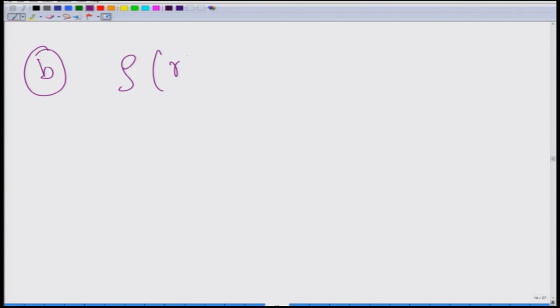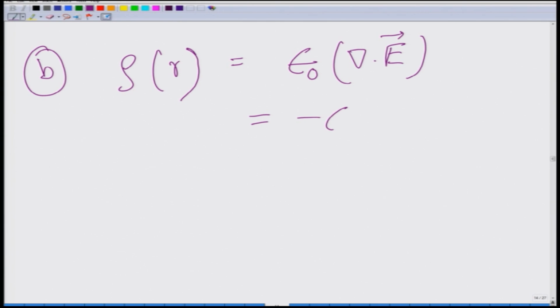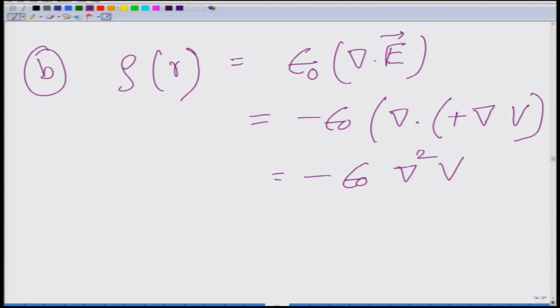It is rho(r), which is epsilon naught times the divergence of E, and E is already known to us. So, this is basically minus epsilon naught del square V(r).